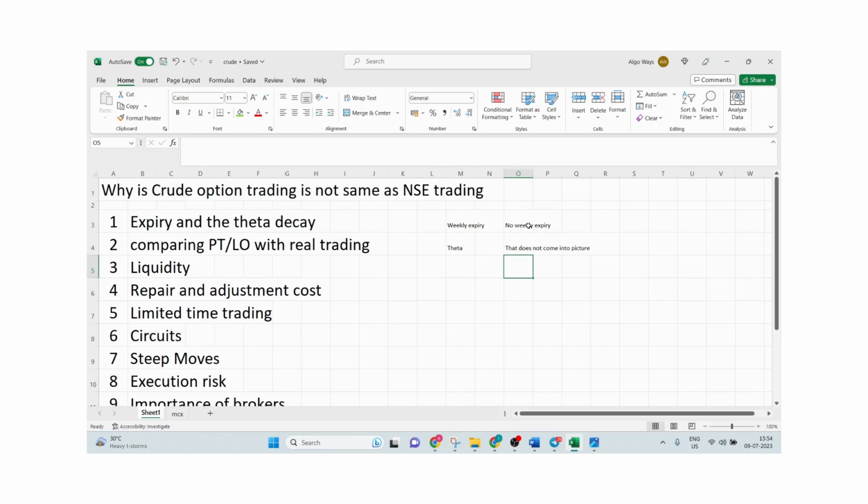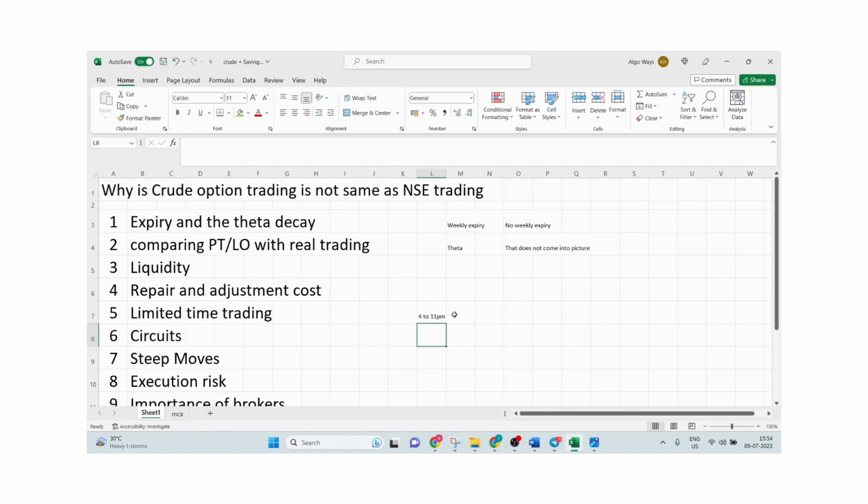What are the other constraints in this MCX trading? See, point number 5, we have very limited time of trading. We are trading from 4 o'clock to 11 p.m. in the evening. Whatever movement comes in this particular period, or whatever theta comes in this period, that only we can gain.